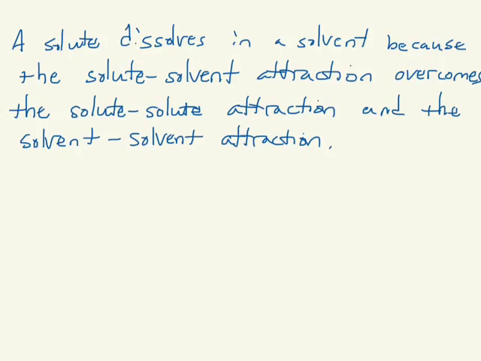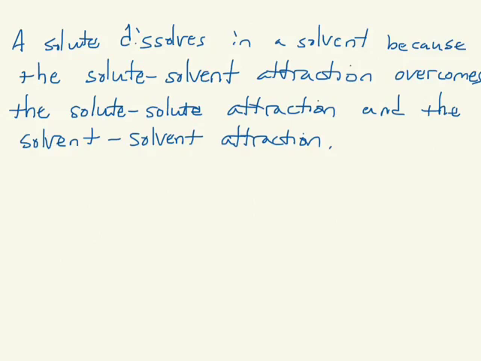If we look back at the salt dissolving picture, the solute attraction was the ionic attraction, and the solvent attraction was the hydrogen bonding. The solute-solvent attraction was the ion-dipole. So in that example, the ion-dipole attraction is stronger and overcomes both the solute attraction and the solvent attraction.